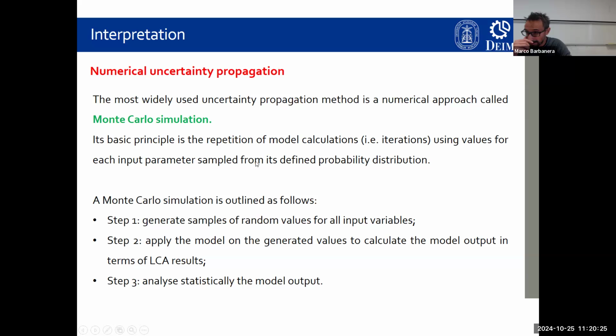In step 1, the software generates samples of random values for all input variables.